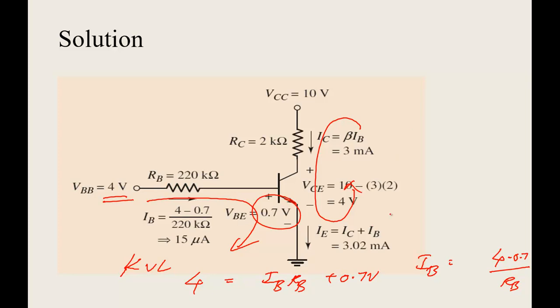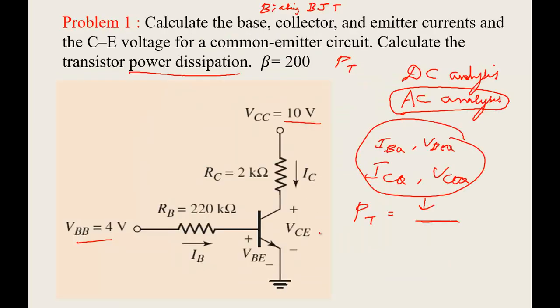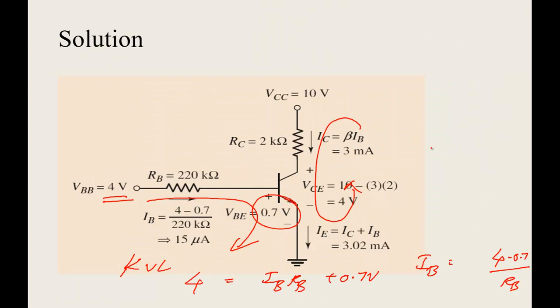VCE is not given to you, so we will use the formula IC is equal to beta IB. So we will find out ICQ and VCEQ. You can easily find out VCE, which is the supply minus the drop across the resistor.